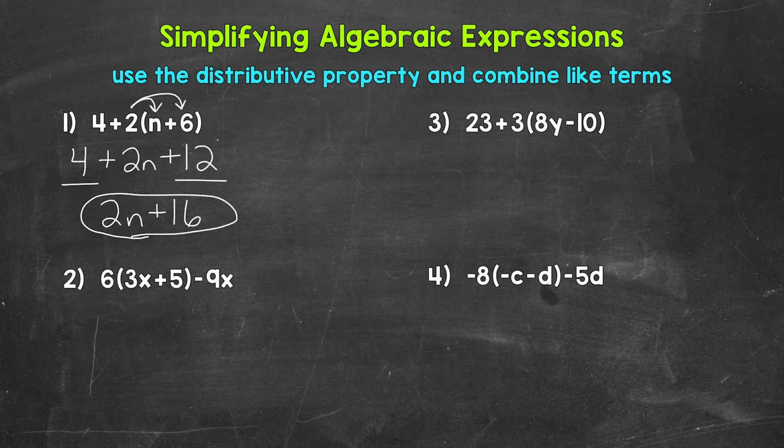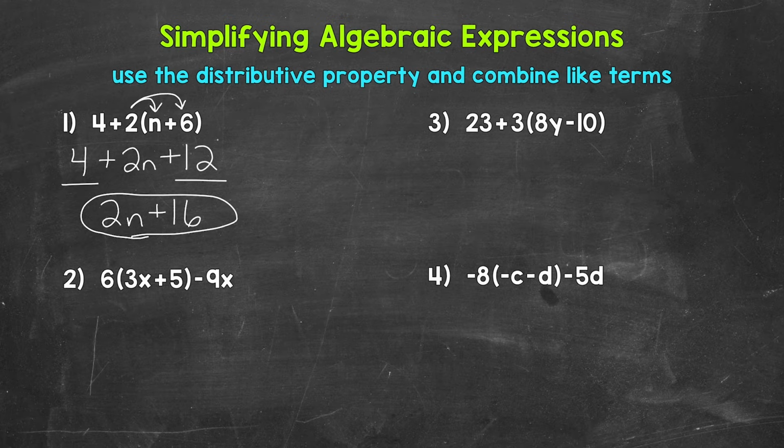Now, when we write expressions, typically speaking, we want any variable terms first and then constant terms go last. So that's why we have 2n plus 16. If we end up having multiple terms that involve variables, they go in order from greatest to least as far as exponents. And then if variable terms have the same exponents, go in ABC order.